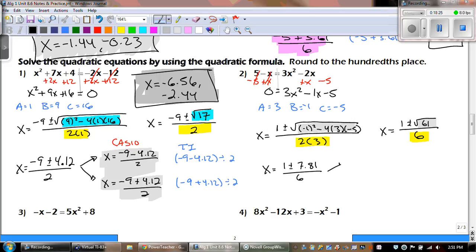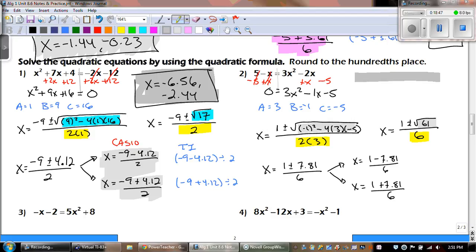And now you need to break it up into your two problems. Okay. We have x equals 1 minus 7.81 divided by 6, and x equals 1 plus 7.81 divided by 6. So you guys know how you have to type that into your calculator.